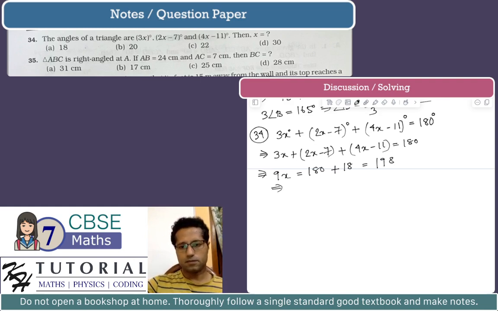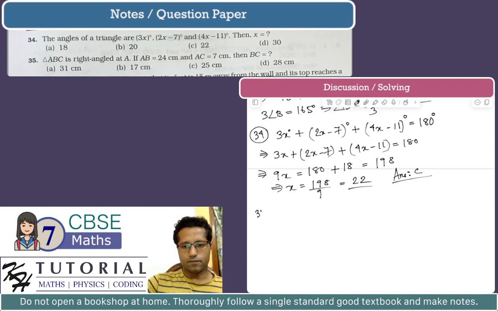This implies x is equal to 198 by 9, which is equal to 22. So x is 22. So the correct choice is C.